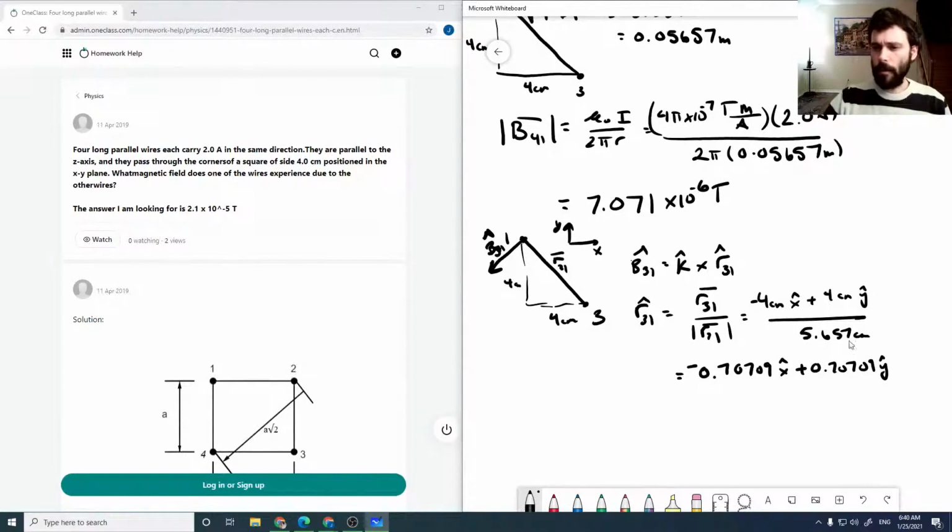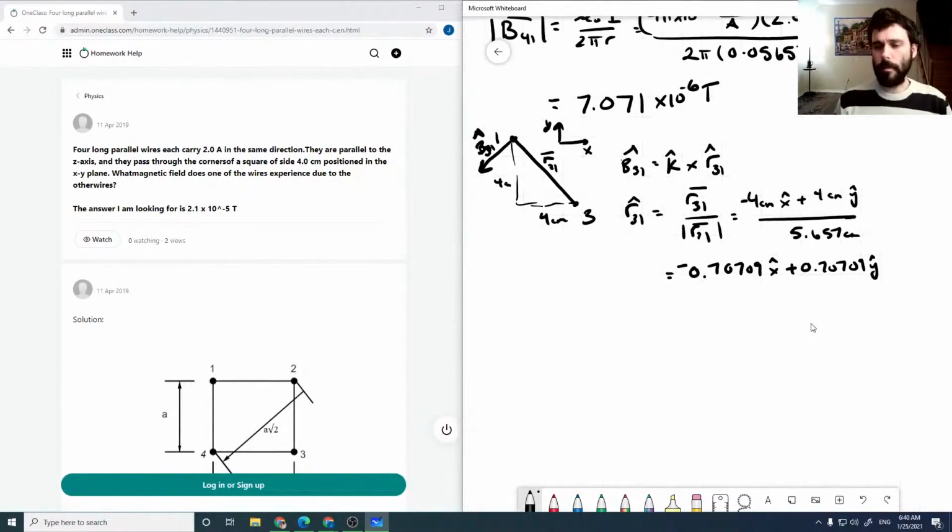And so we can easily get our B31 hat now as k hat cross with this expression.